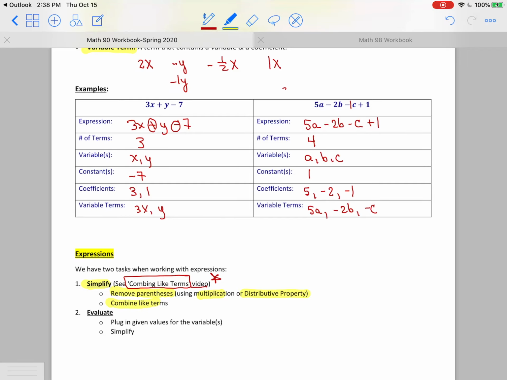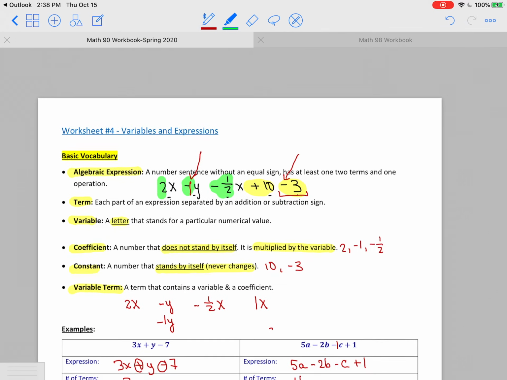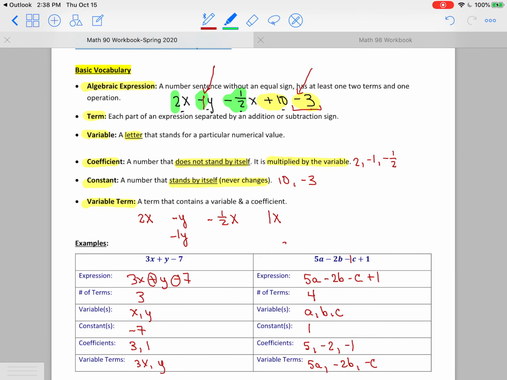All right, so the second task that we have when we're dealing with expressions is what we call evaluate. When we evaluate an expression, we plug in given values for the variables, and we simplify. And I kind of did that up here. But remember when I was talking about the class size that would help me to know how many cookies to bring, remember that C changed based on my class size.